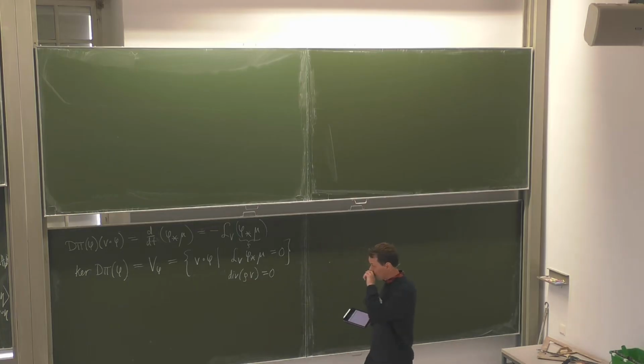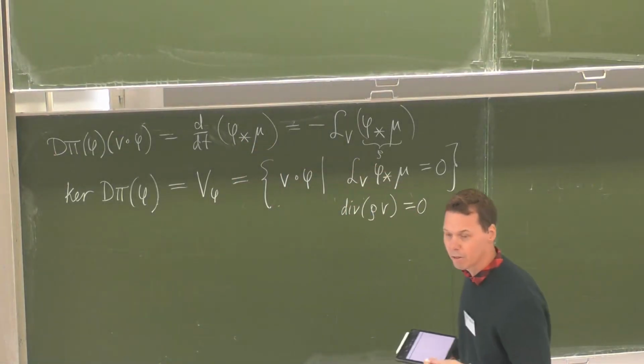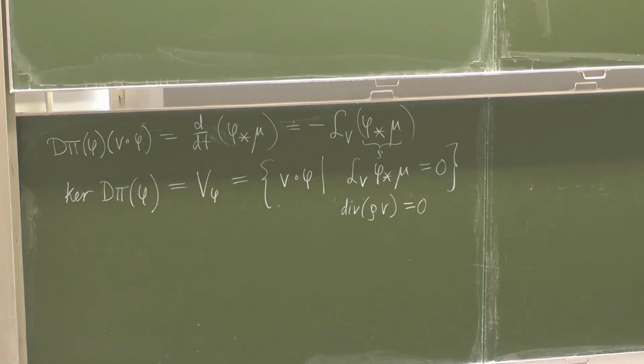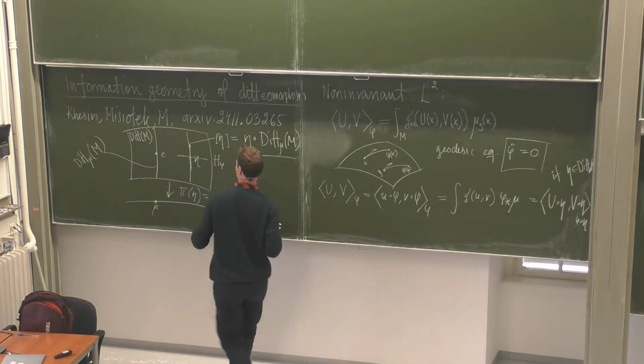Now I want to take the orthogonal complement to this distribution, and that will be my horizontal directions. That will be the horizontal distribution at this point.